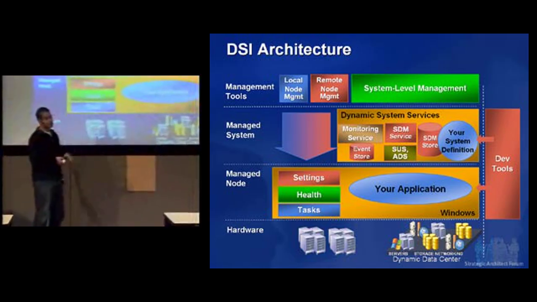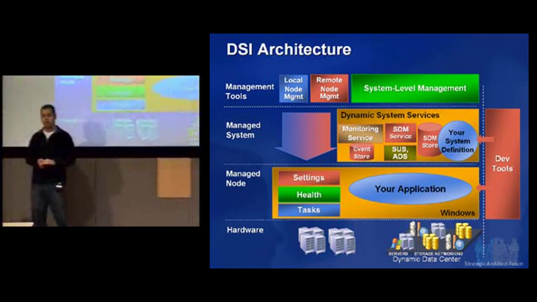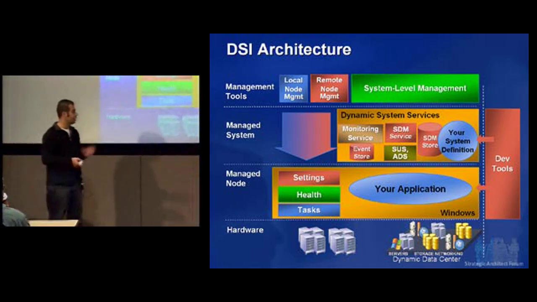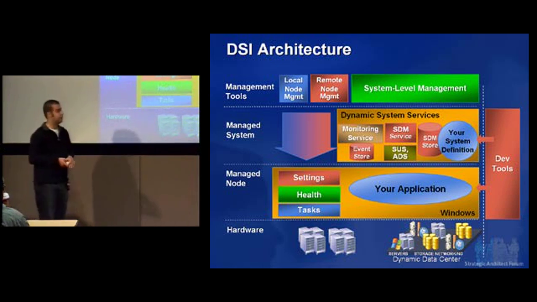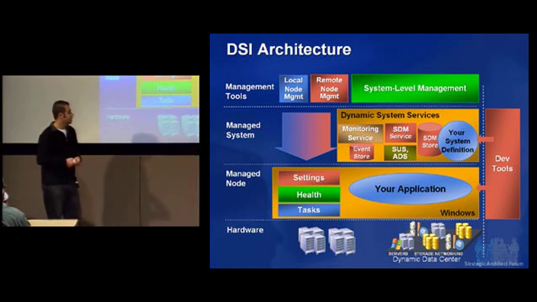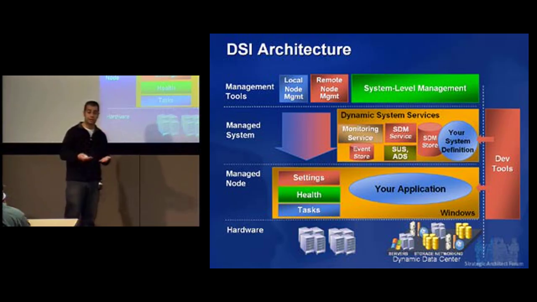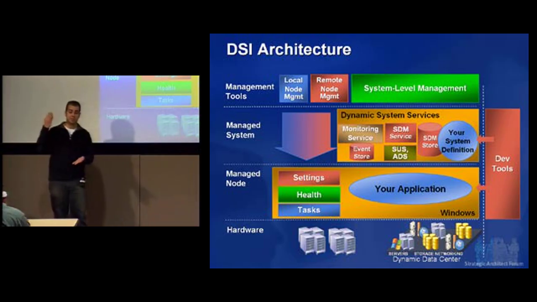At the bottom right is what we're calling a dynamic data center. I won't be discussing DDC much in this talk, but the one-sentence summary is that DDC is a set of servers, storage, and network devices that come together in a prescribed network architecture that allows us to make more flexible, dynamic allocation and configuration decisions based on business demand.